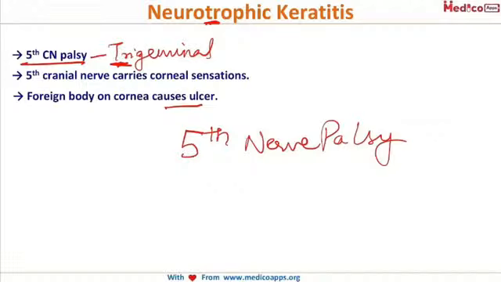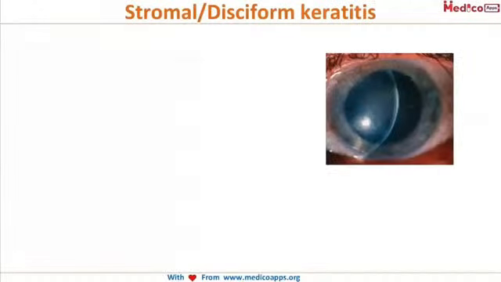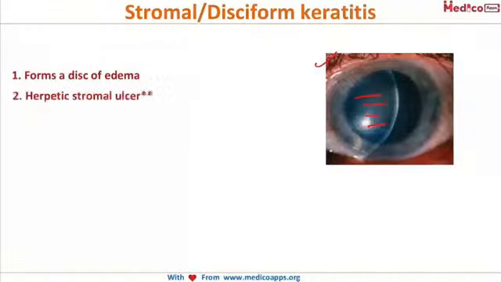Now let's go deeper and look at the stromal keratitis caused by the herpes virus. You can see in this picture, the stroma is very hazy all over here. It forms a disc of edema over here, and it is, we have discussed just now, a herpetic stromal ulcer. Now what you have to understand over here, it is not an infective condition.